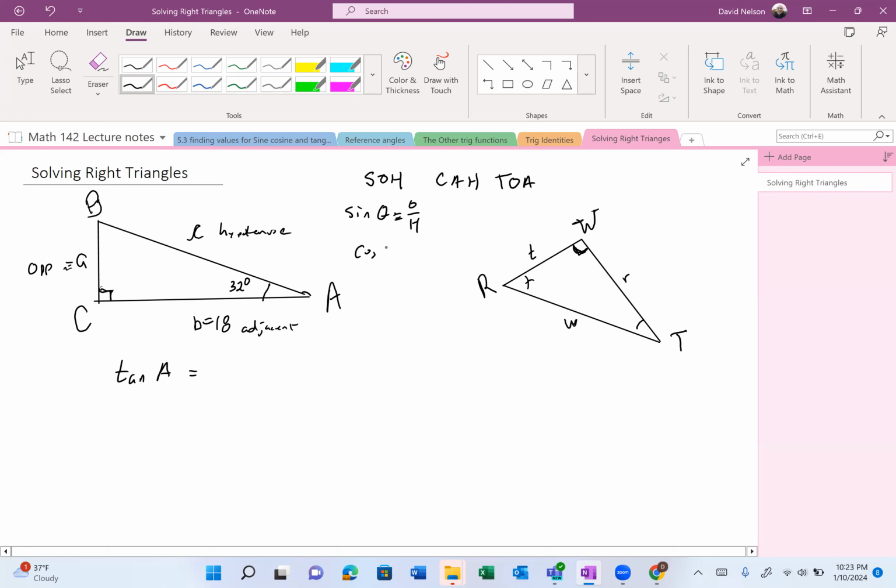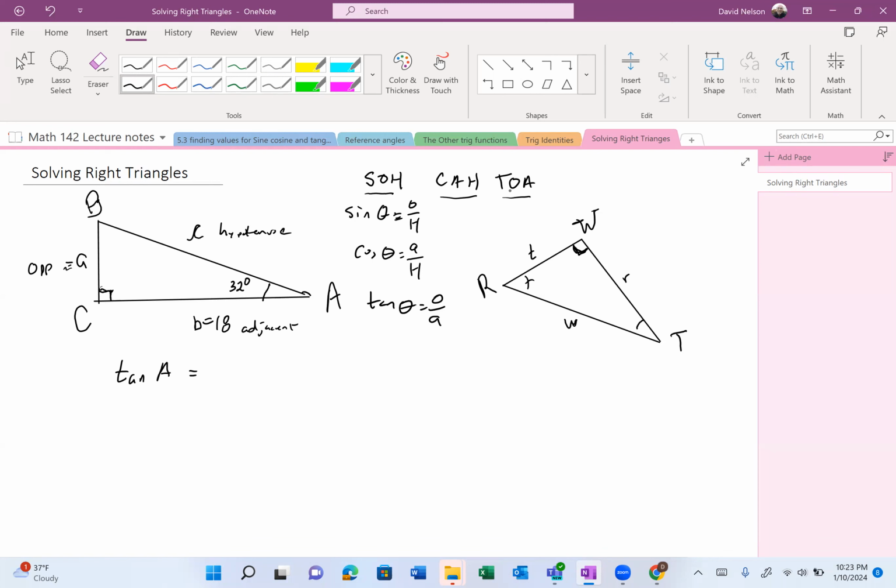The cosine of theta is the adjacent side divided by the hypotenuse, and the tangent of theta is the opposite over the adjacent. SOHCAHTOA is what that's sometimes referred to: the sine is the opposite over the hypotenuse, cosine is the adjacent over the hypotenuse, and tangent is opposite over the adjacent.